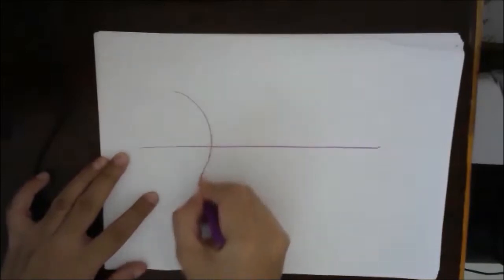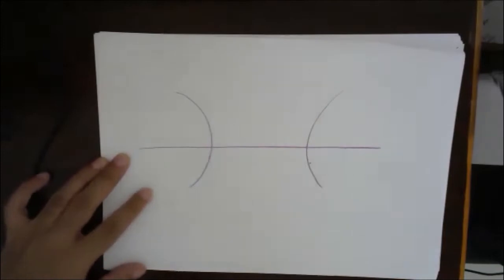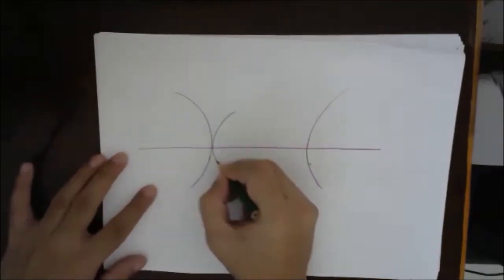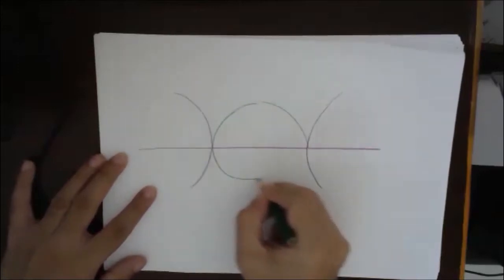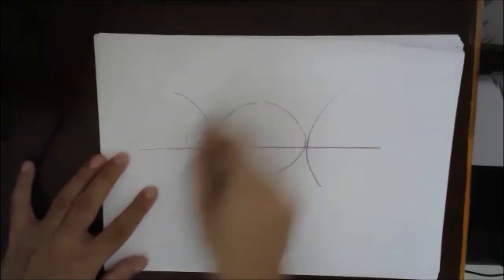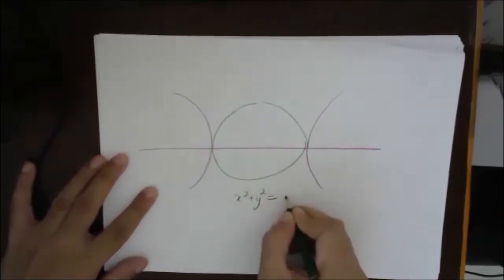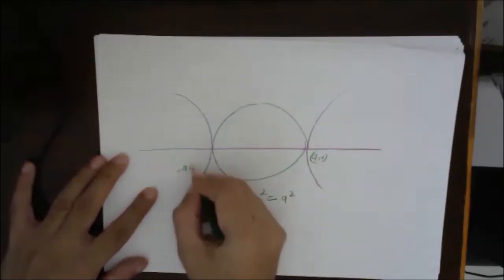In ellipse, we had drawn an auxiliary circle. In this also, we will draw an auxiliary circle. The equation of this auxiliary circle will be x square plus y square is equal to a square, because these points are a comma 0 and minus a comma 0.